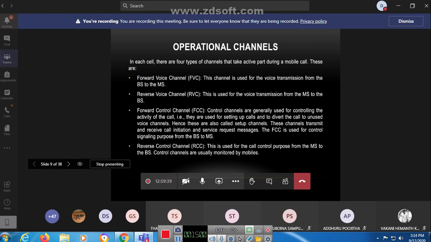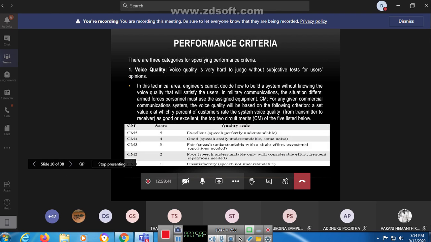Likewise. Okay. Next. Performance criteria. What is performance criteria? For the cellular mobile system, it mainly requires three specific performances. What are they?